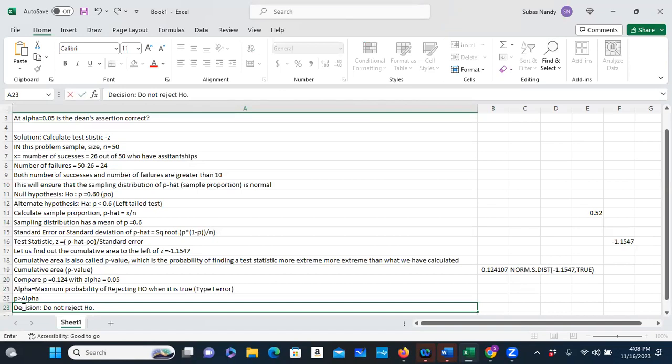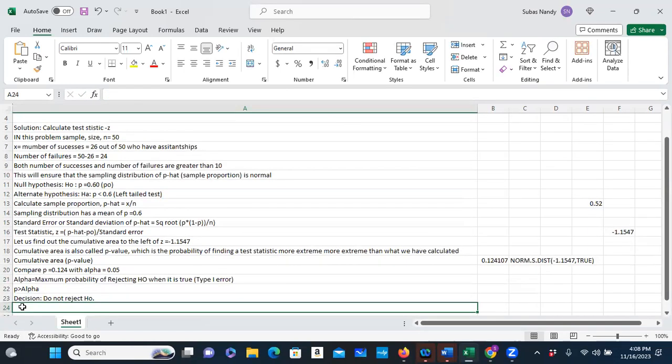What does it mean? It means there is a high probability that the test statistic can have a value as high as minus 1.1547. We have assumed the null hypothesis is true, and now we have calculated a test statistic, a characteristic of the sample, showing how far away it is located from the mean, which has yielded a z value with a high probability.